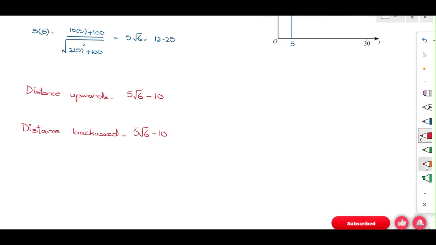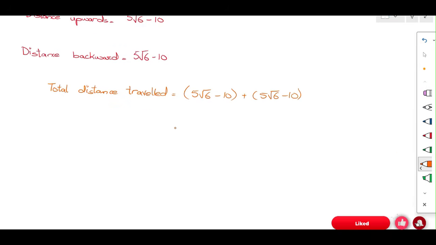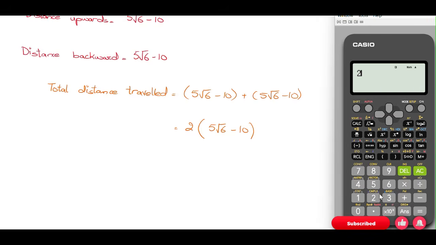We can say the total distance traveled by the particle is basically the sum of these two, (5 root 6 minus 10) plus (5 root 6 minus 10). So basically there is 2 times (5 root 6 minus 10). Let me simplify this. 2 times (5 square root of 6 minus 10).